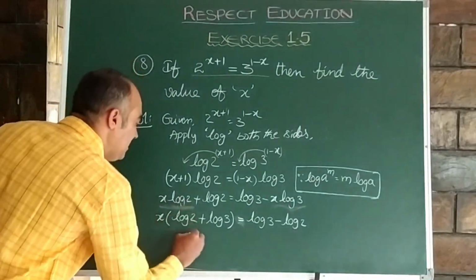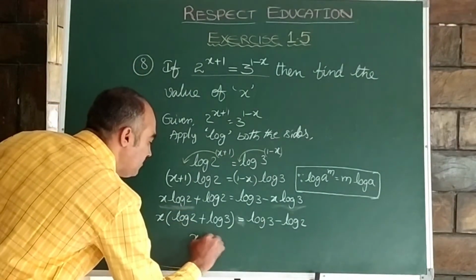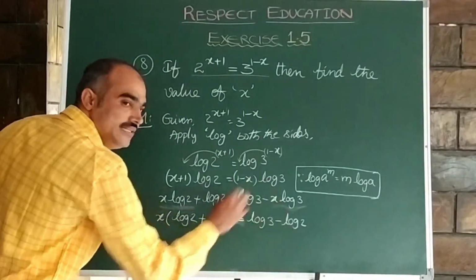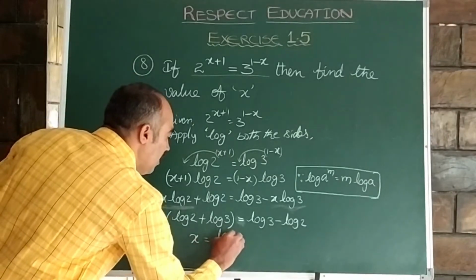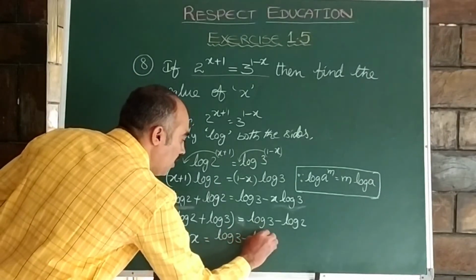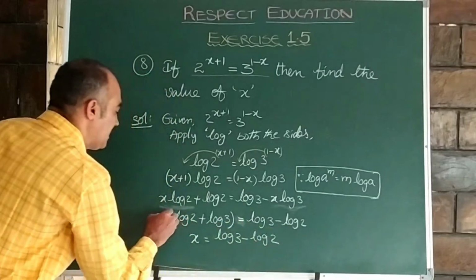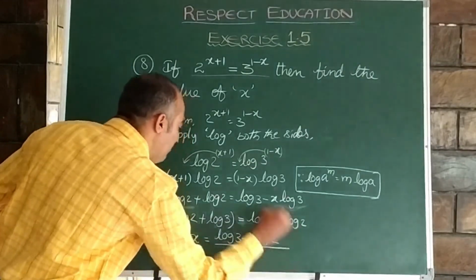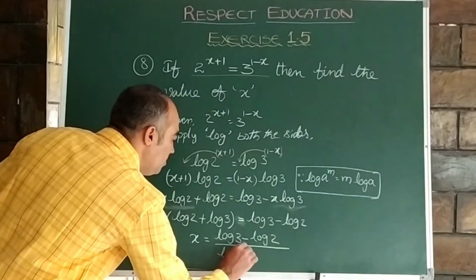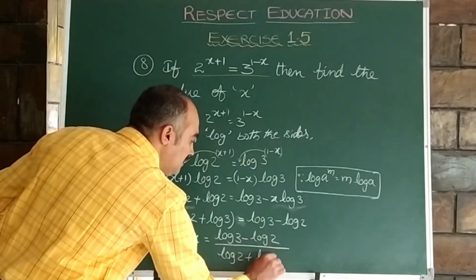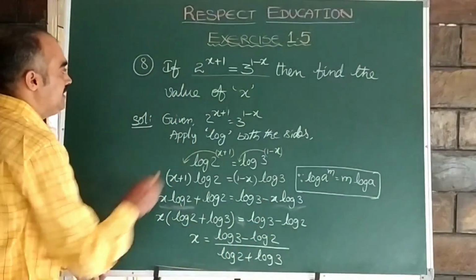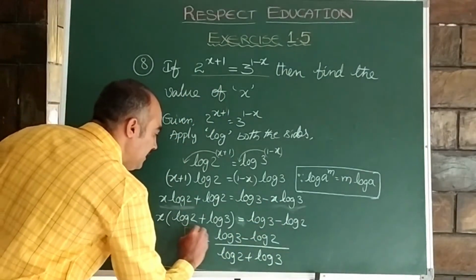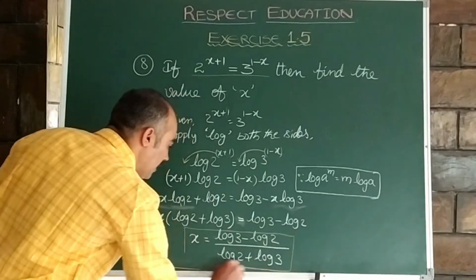Now here we need to find x, therefore x is equal to, let us send this value this side. So it becomes log 3 minus log 2, it is multiplication, children, here. So it becomes a division by log 2 plus log 3. So this is the value of x for this problem.